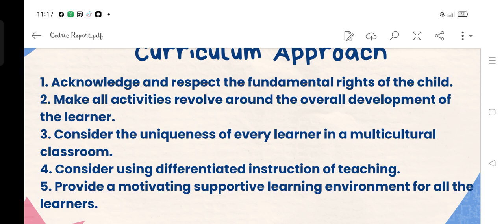Consider the uniqueness of every learner in a multicultural classroom. Okay? And then consider using differentiated instruction of teaching and then provide a motivating or supportive learning environment for all the learners.